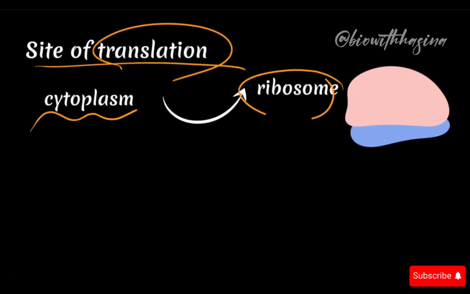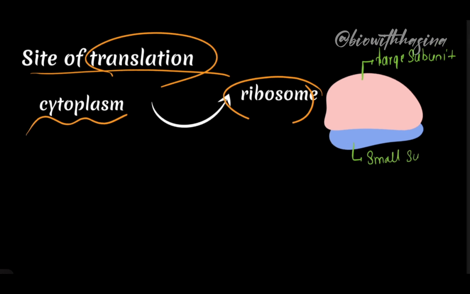Talking about the ribosome, in the ribosome we mainly have 2 subunits. This one is a large subunit, and this one is known as the small subunit. This ribosome mainly has 2 sites.